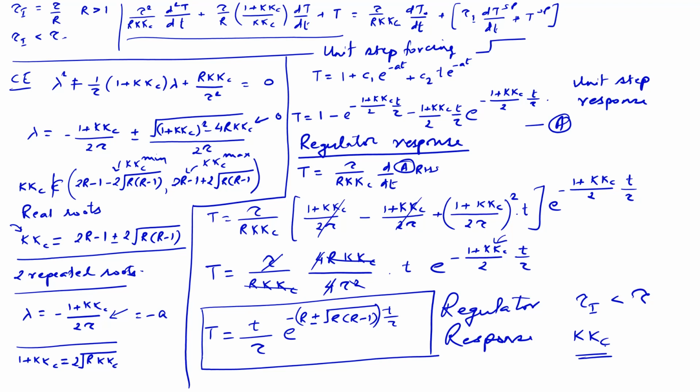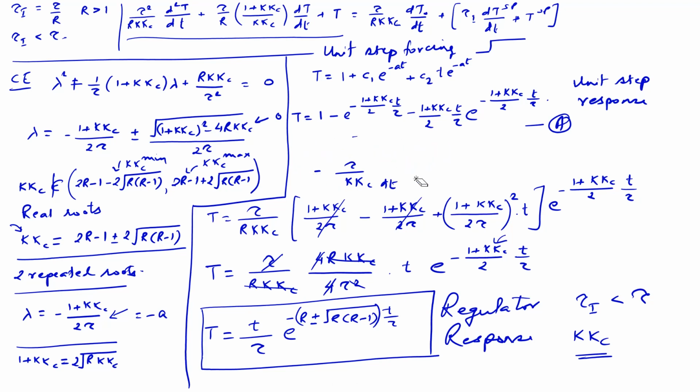If you want to get the servo response, we proceed in a similar manner, and maybe we'll do it right now. So if you want to get the servo response, then I'll just erase the regulator response part.